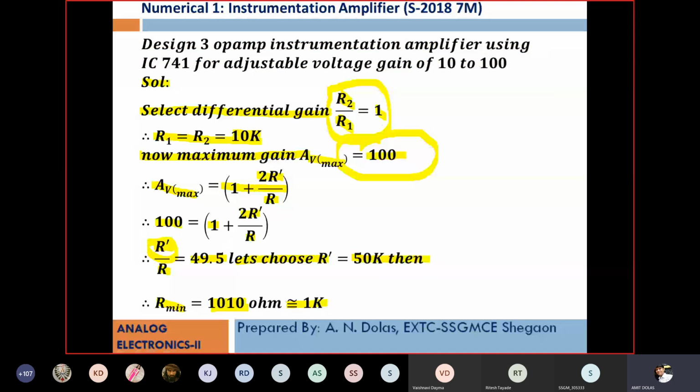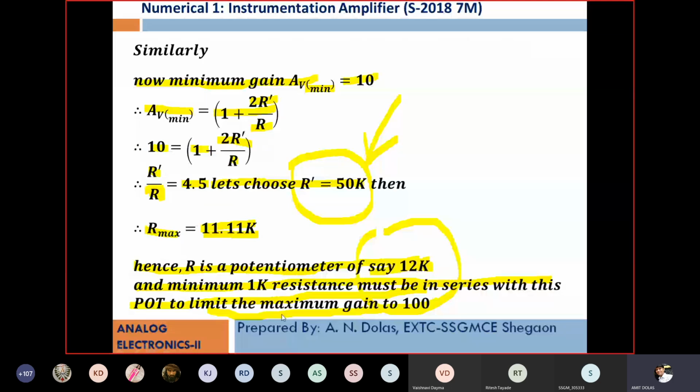So to limit the maximum gain to 100, we use 1 kilo ohm resistance in series with this potentiometer. Any questions?